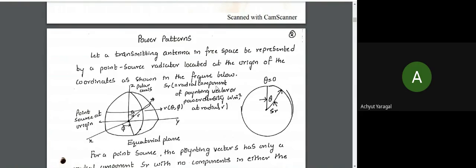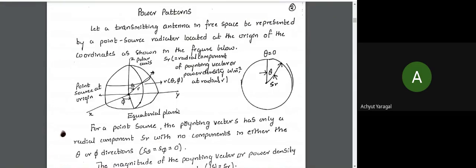It is in watts per meter square. We can also say it is the power density at a particular point, R with theta comma phi.